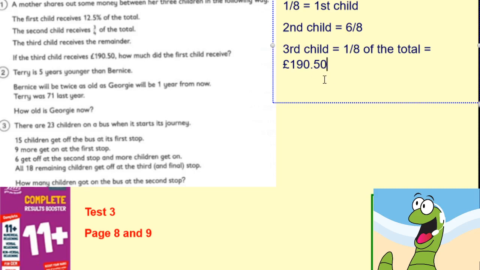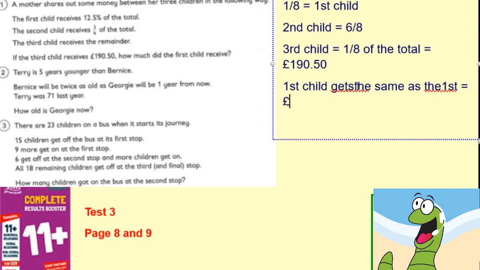So that must mean that the first child gets the same as the third, which equals £190.50. Okay, so our answer for this one is £190.50.